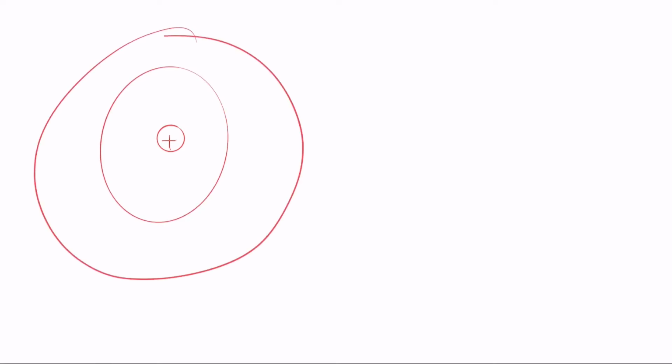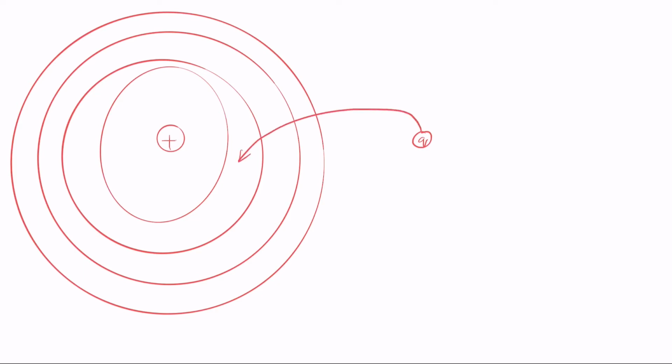What does that mean? For example, let's say I have a positive charge here. This positive charge has its own field. Let's consider that this is the field of that electrical charge. Now whenever you bring a test charge, Q, you need the energy that this charge gains when it goes from outside into the field.